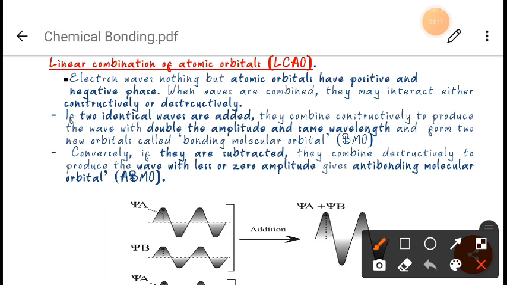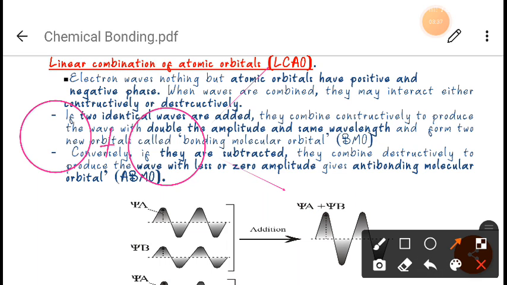Let me draw here. Suppose this is our 1s and another one is 1s here. These two are overlapping. So it will form two types of orbitals.